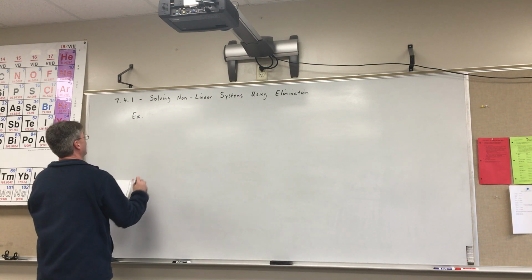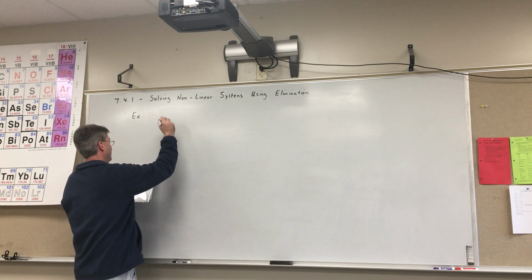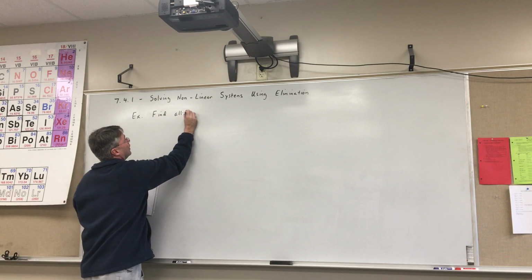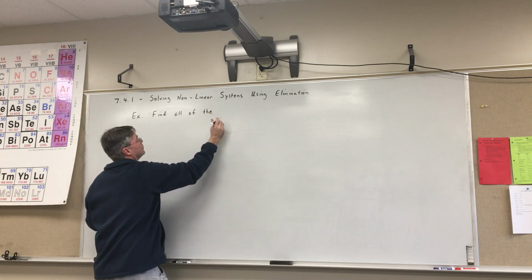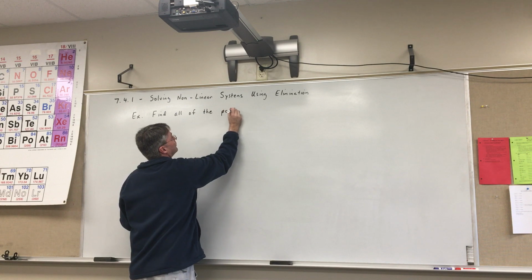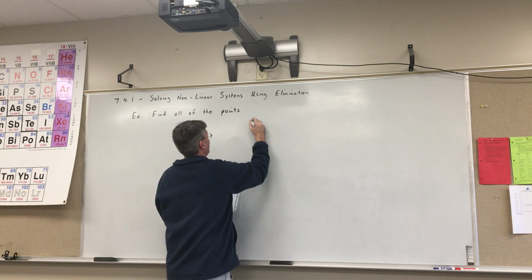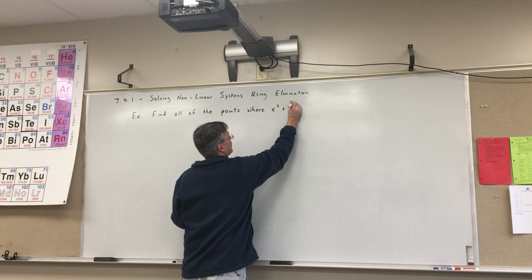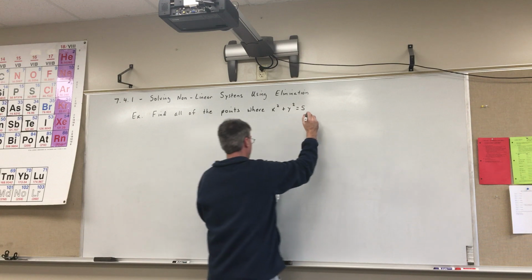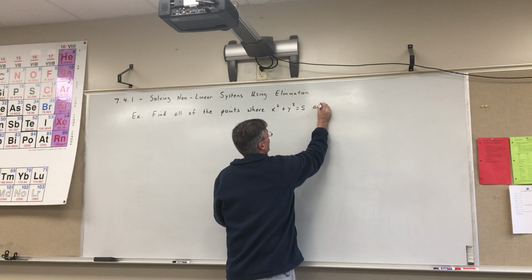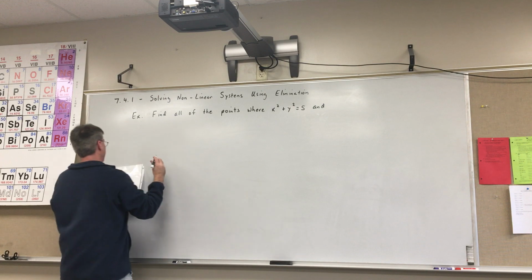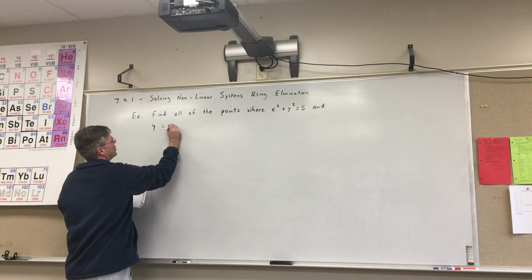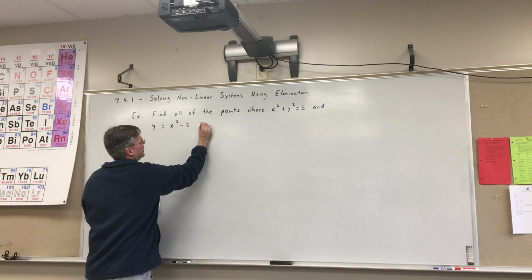Okay, the next example is we're going to find all of the points where x squared plus y squared is equal to 5 and y is equal to x squared minus 3 intersect.